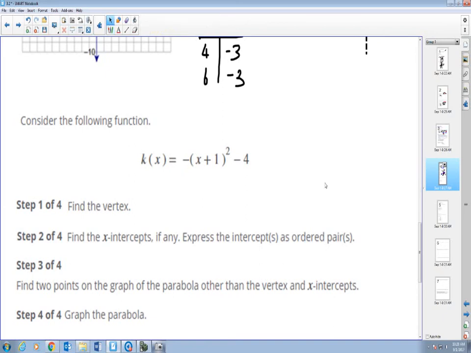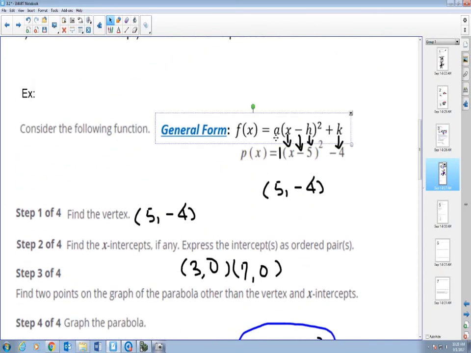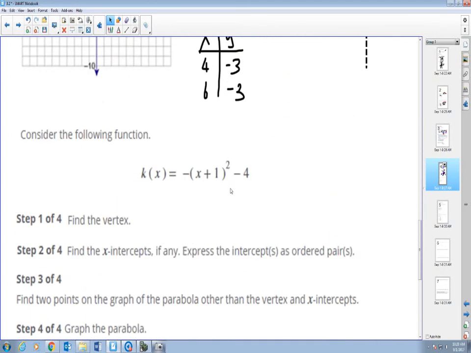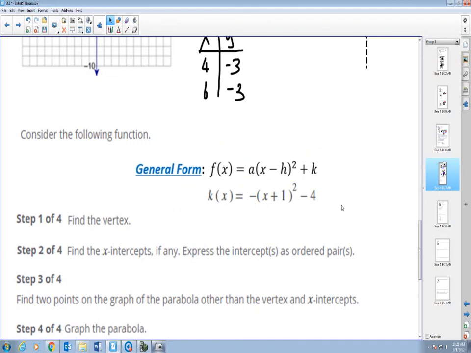So if you're comparing the form, my vertex. A is -1. This is actually -1 here. A is 1, but the sign is negative. So that tells me before I even graph it that my parabola will open down.